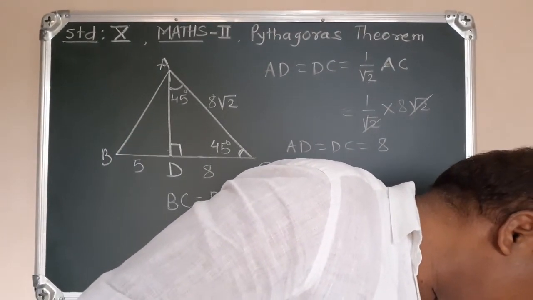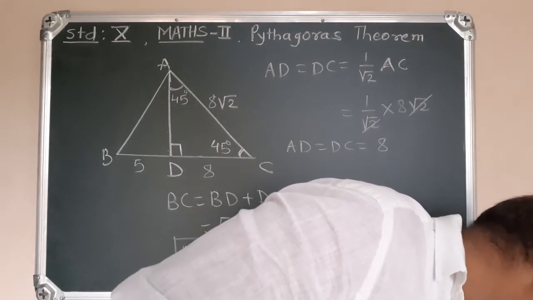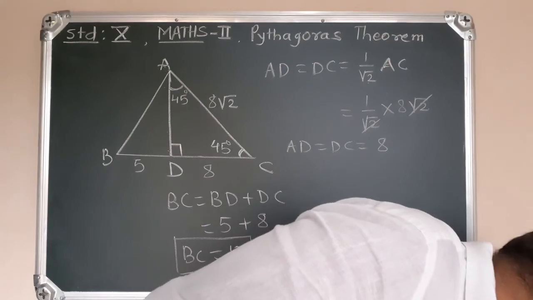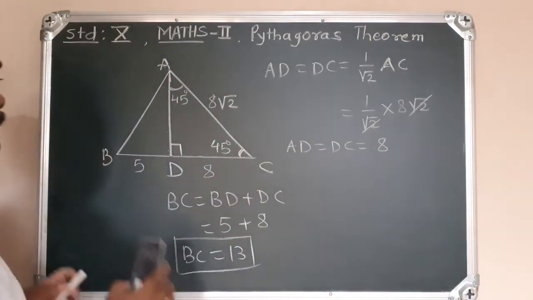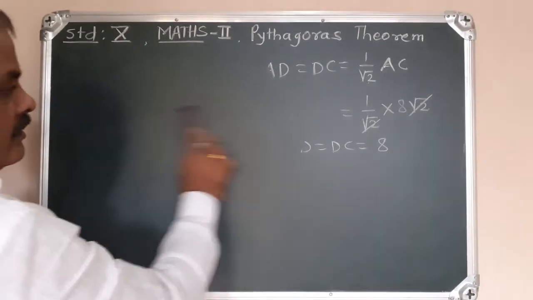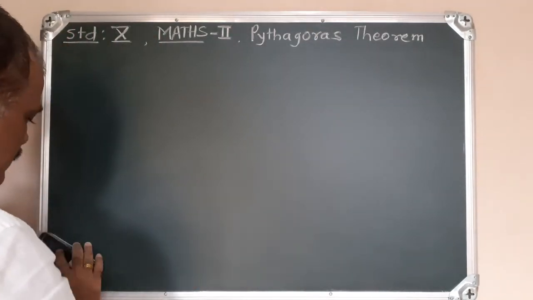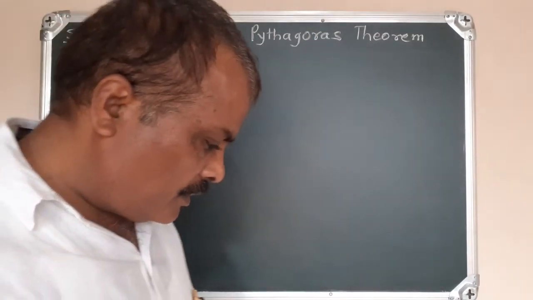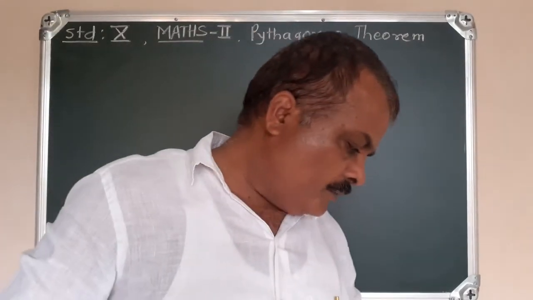Now, in the last video, we have seen some triplets, and on those triplets, how to decide whether the given numbers are triplets or not. Practice set 2.1.